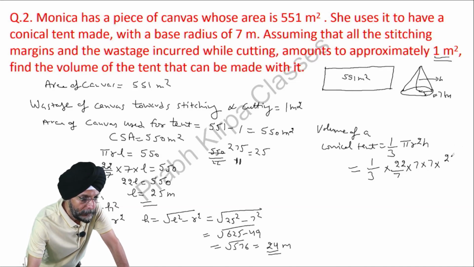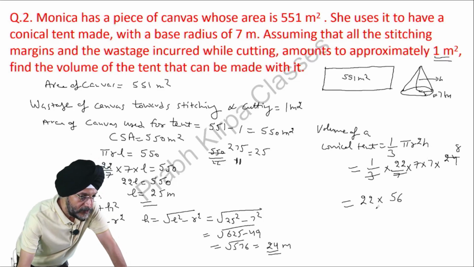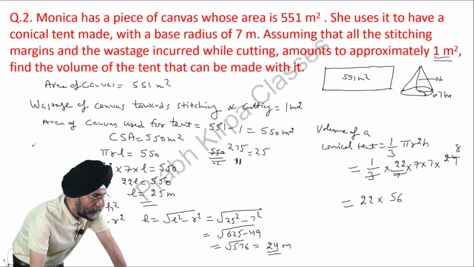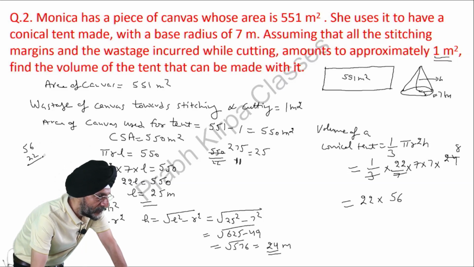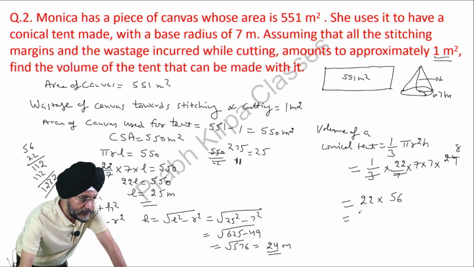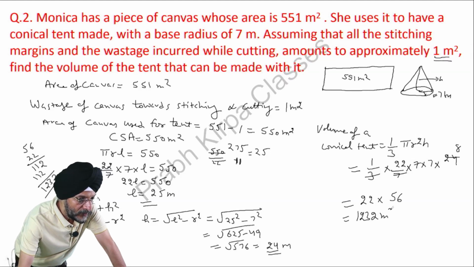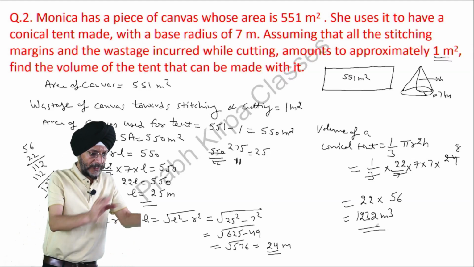It is 24. 7 cancels with 7, 3 into 8. What do we have? 22 into 7 into 8. We will multiply. It is 1232 cubic meters.